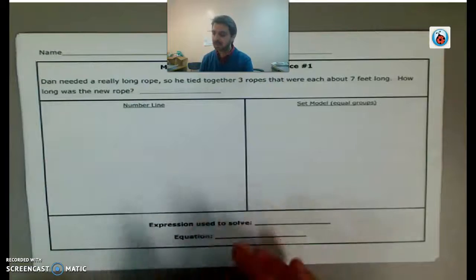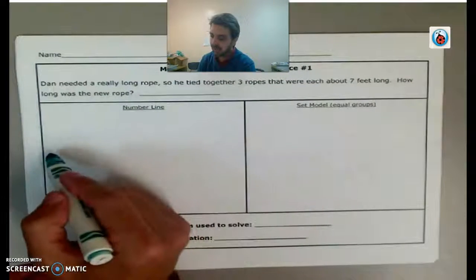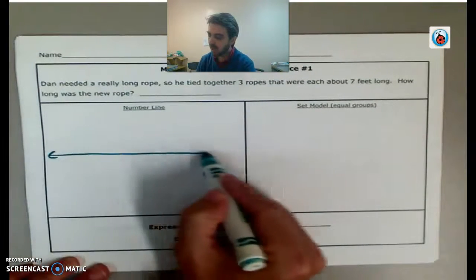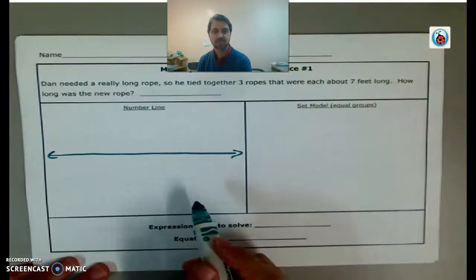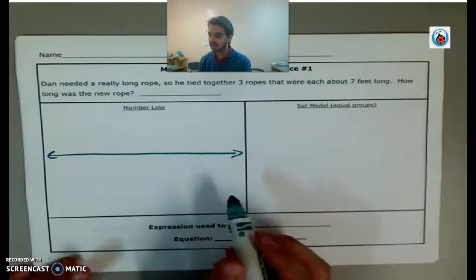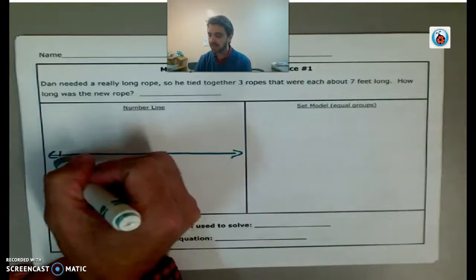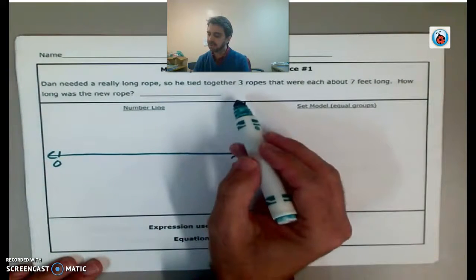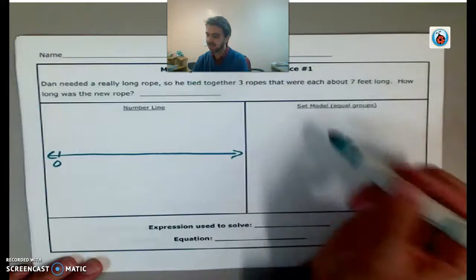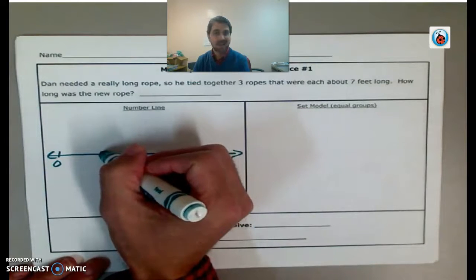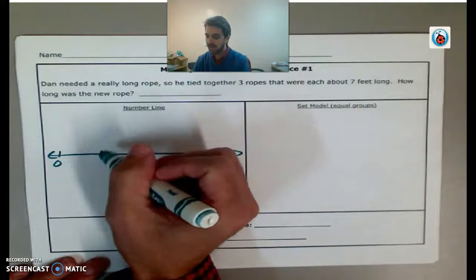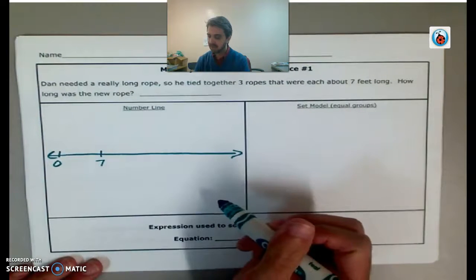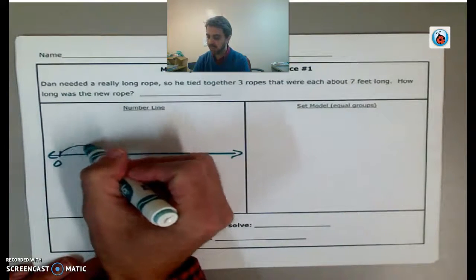All right, so welcome back, boys and girls. So if we have a number line, we can just draw an open number line, which means there's no numbers. We just make them ourselves. We always start at 0, right? There's always a 0 here. And he says there's 3 ropes that were about 7 feet long. So let's pretend that from here to here is 7 feet. Okay, so that's 1 rope right here.